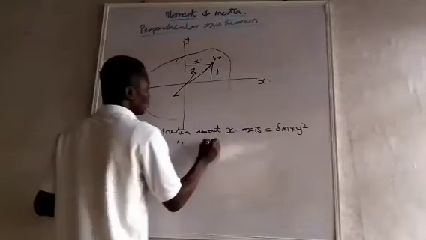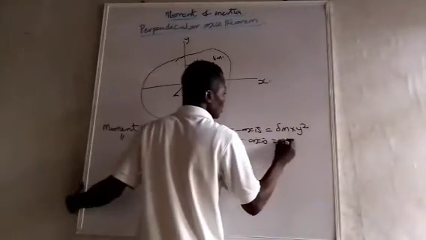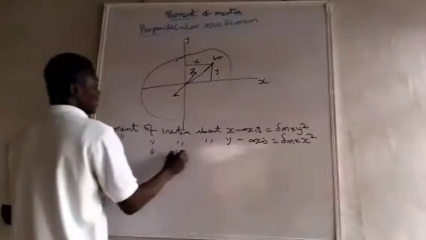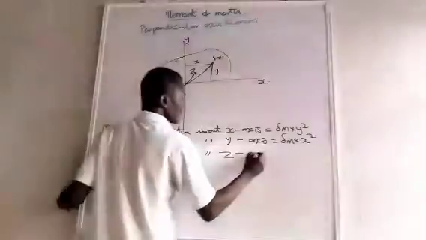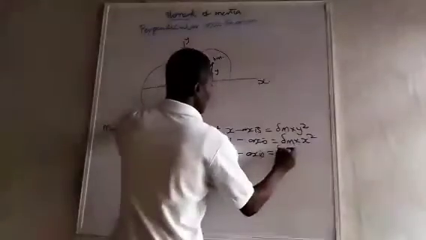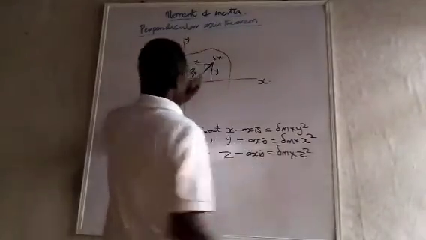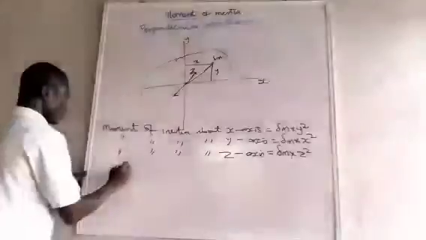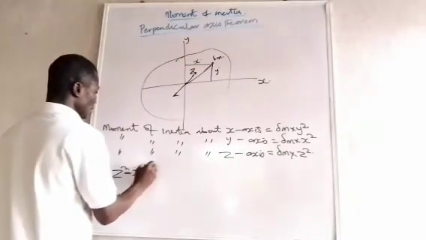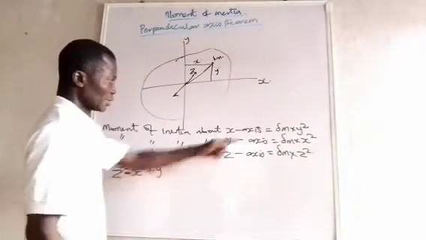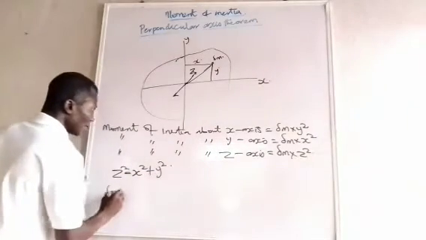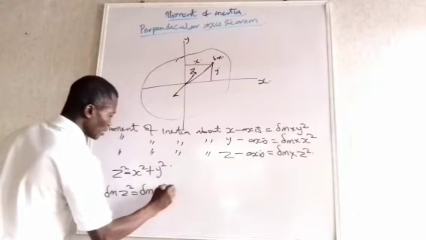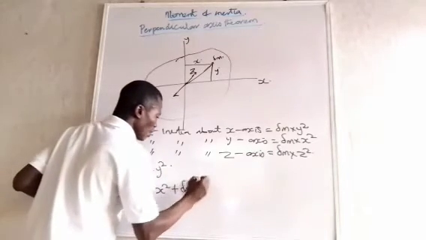The moment of inertia about the y axis is equal to dm times x squared. The moment of inertia about the z axis is equal to dm times z squared. But if you look at it, z squared is equal to x squared plus y squared. So it means that dm z squared is equal to dm x squared plus dm y squared.